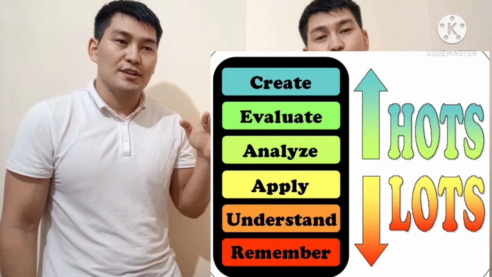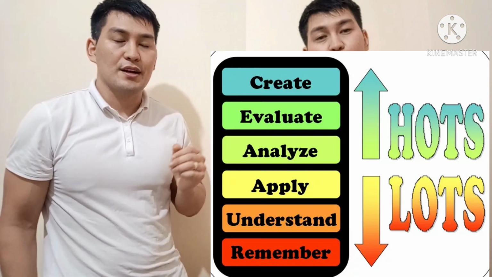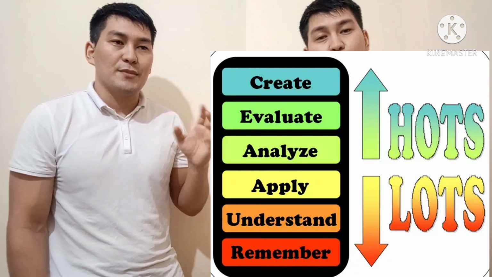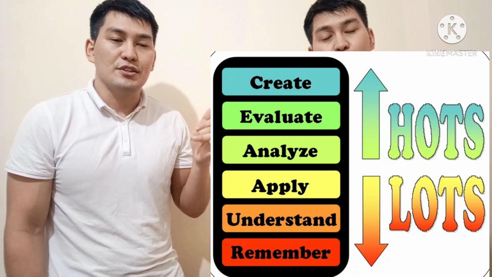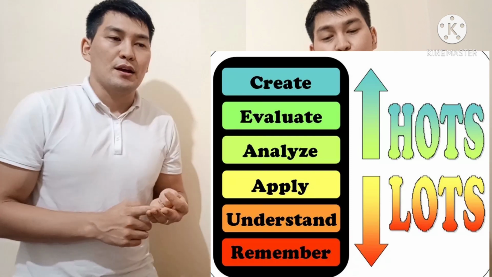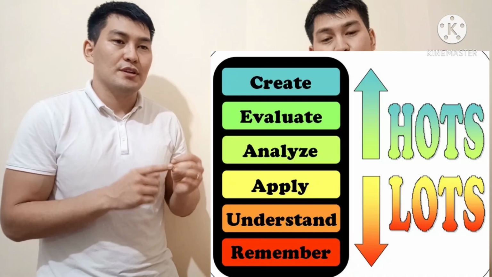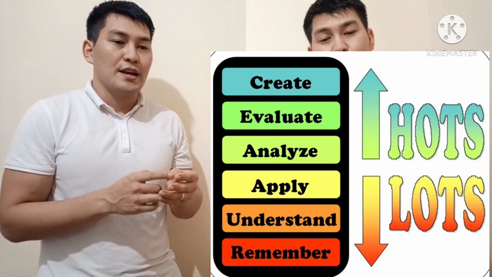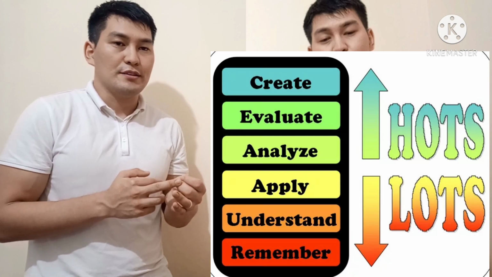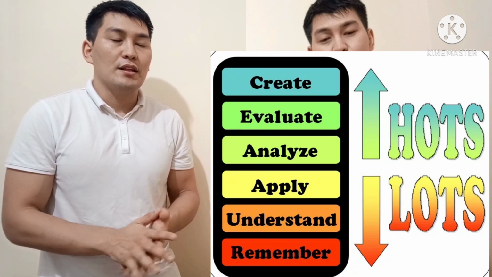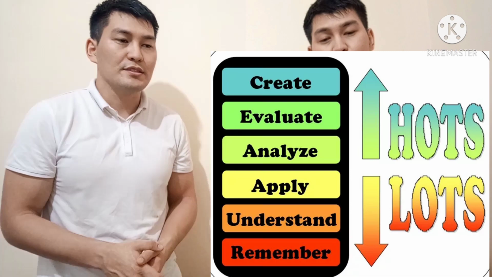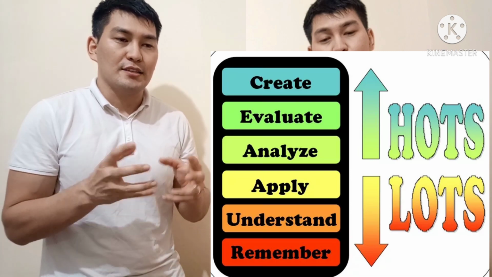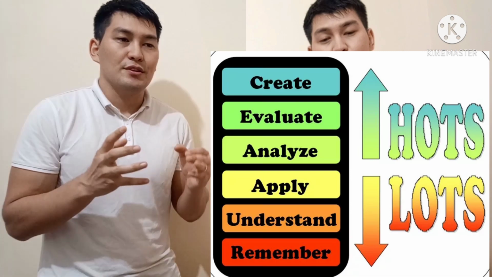The stages are remembering, understanding, applying, which are the lower order thinking skills. And higher order thinking skills are analyzing, evaluating, and creating. So while having a lesson with the 4C and the cognition component, you should consider these categories. Thank you.